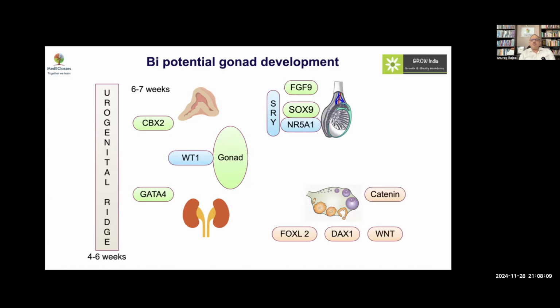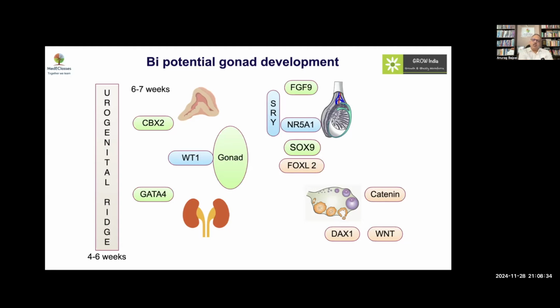These would then have a combination of pathways, including the Wnt and beta-catenin, which is a canonical pathway, which will result in ovarian development. There is a clash between the pro-testis gene SOX9 and the pro-ovary gene FOXL2. So disorders of sexual development can happen with abnormalities in any of these genes.